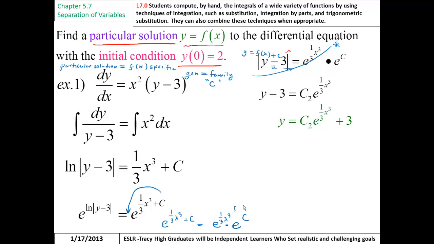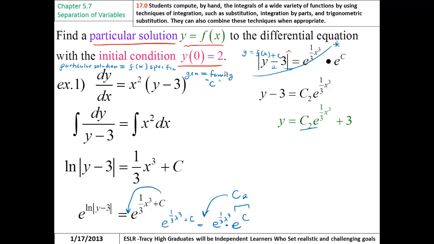And e to the c, we can just call c sub 2 and put it out in front, since it's odd to have e to the 1/3 x cubed times c sub 2 at the end. So we have this equation, and we're moving our 3 over.